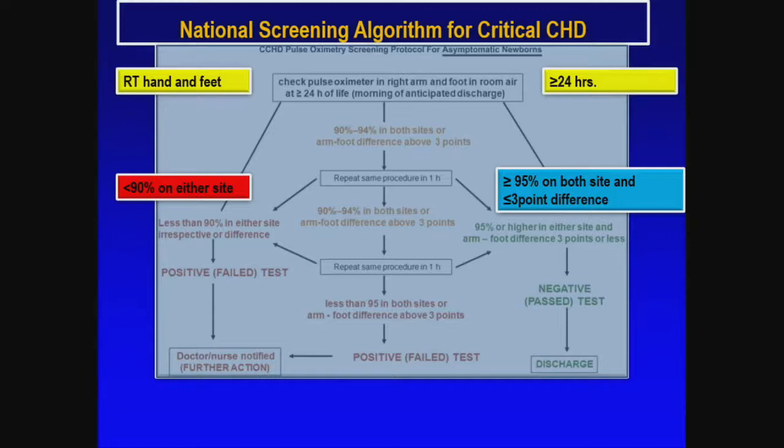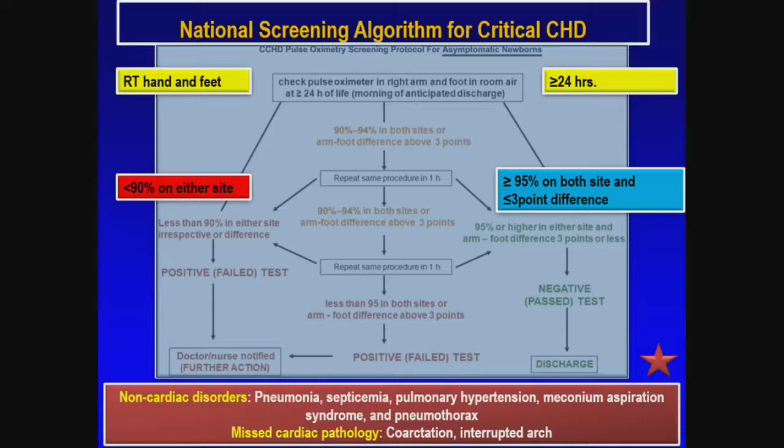In between, you have to repeat this, and if the baby fails again, then the baby needs a cardiology evaluation and an echocardiogram. One of the important things to remember, again, there are these stars throughout my talk. These stars denote important facts or questions that may be asked in your boards.